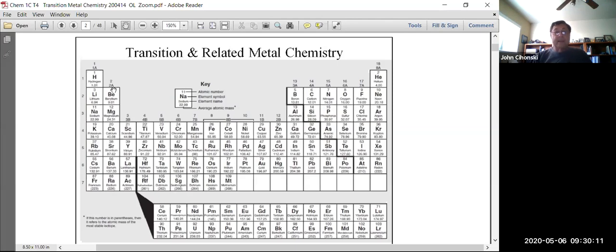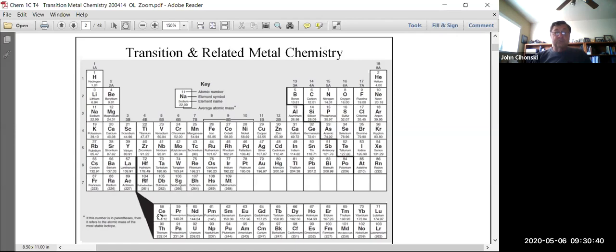That means the A would be a main group element. Notice over here on top, we have A's above like fluorine and nitrogen, and the B's indicate that they are transition metals. A couple of different ways you might see that, doesn't really matter for our purposes. Now, those are transition metals. We'll get into the specifics in a minute.